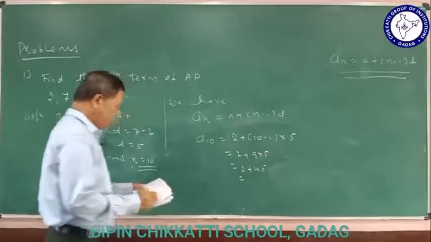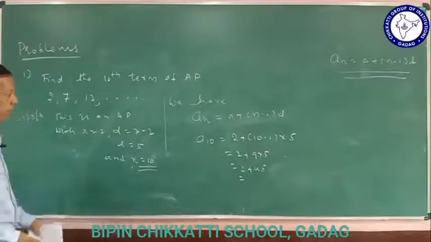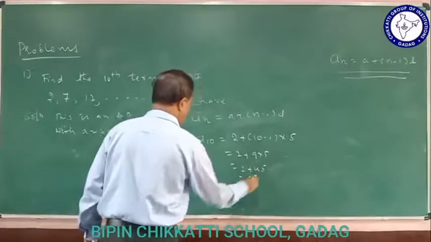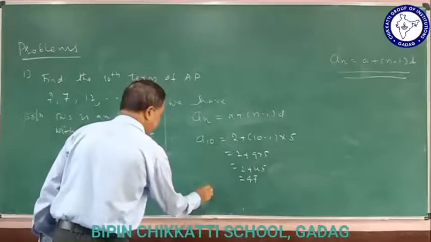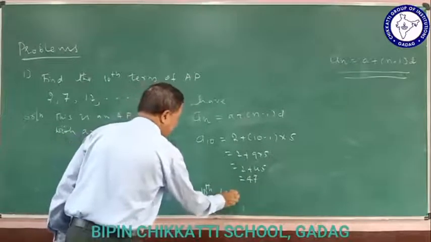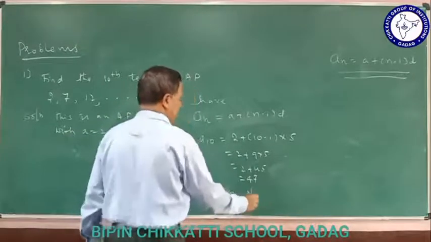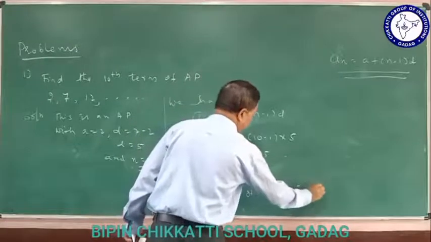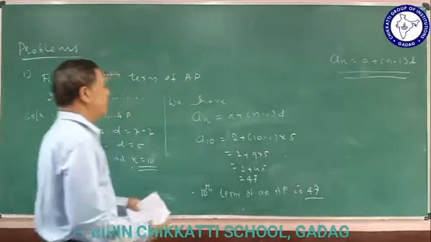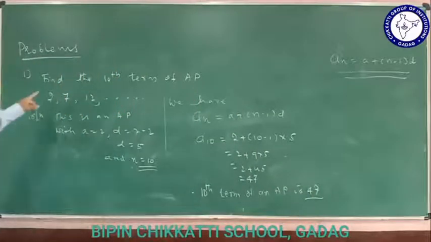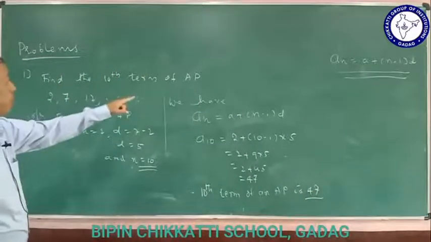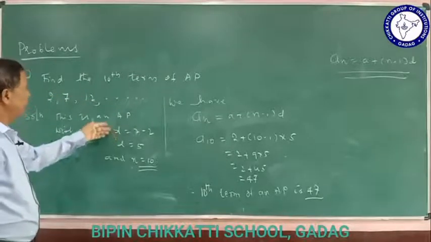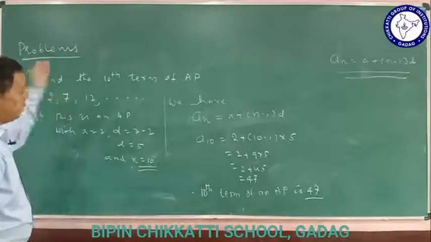So what is the answer you have got? A10 is 45 plus 2, that means 47, and therefore the 10th term of an AP is 47. I hope you understood how to find out the required term. The question is to find a term of an AP. For that you have to find out the A, find out the D, and which term is required.